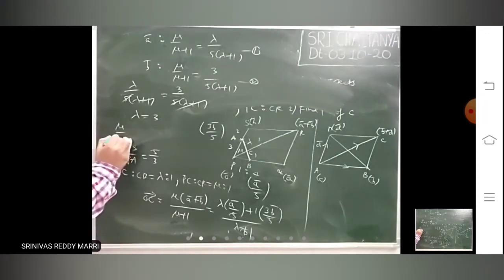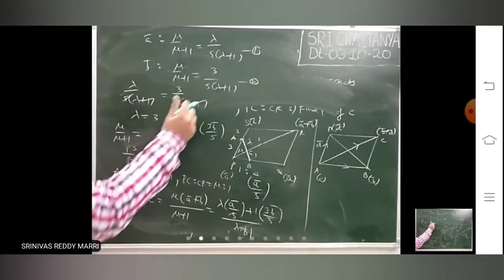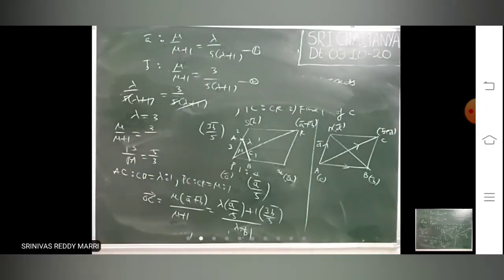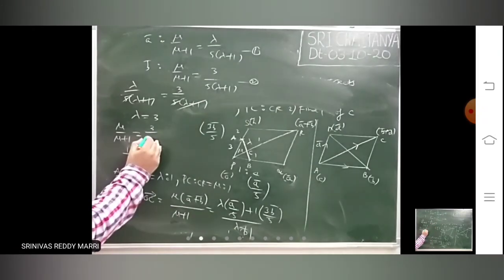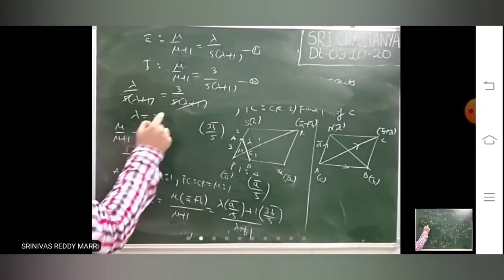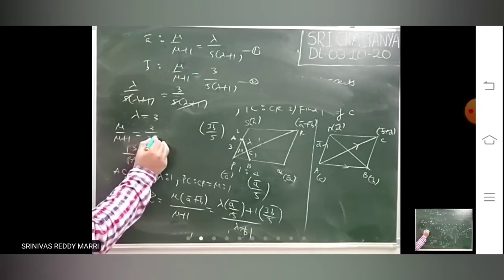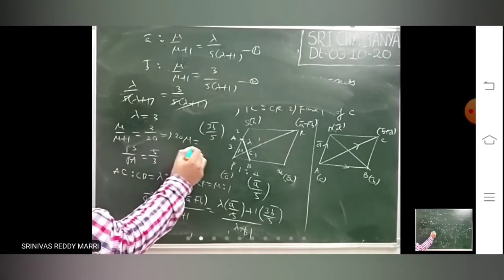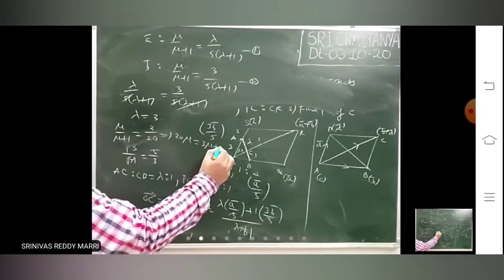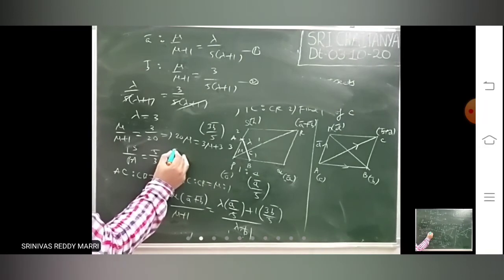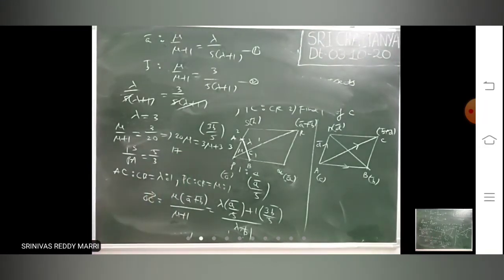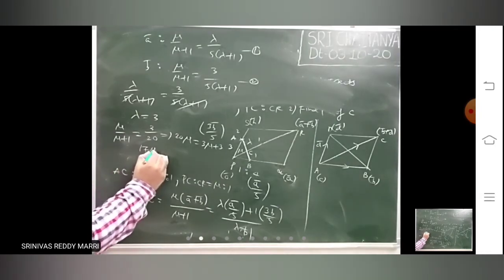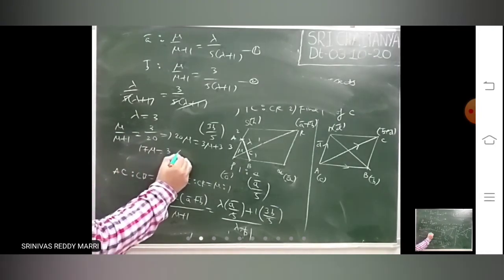Lambda is 3 means mu by mu plus 1 equals, substituting, 3 by 20. That implies 20 mu equals 3 mu plus 3. That means you will get 17 mu equal to 3.